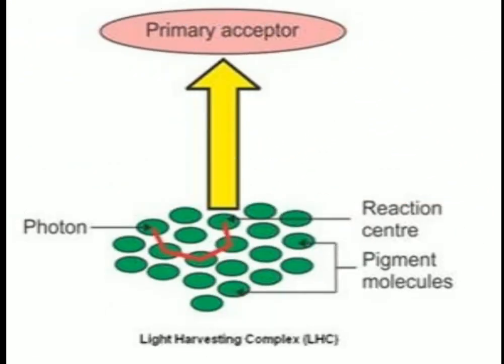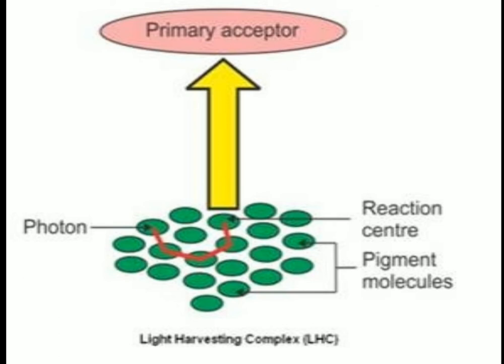Now let us start with the light reaction. As you can see, this is the diagram of the light harvesting complex. The light reaction or the photochemical phase includes light absorption, water splitting, oxygen release and formation of high energy chemical intermediates, ATP, adenosine triphosphate, and NADPH, nicotinamide adenine dinucleotide phosphate hydrogen.